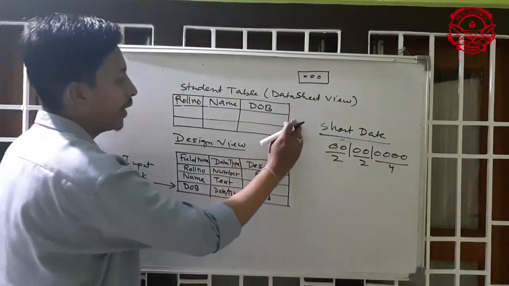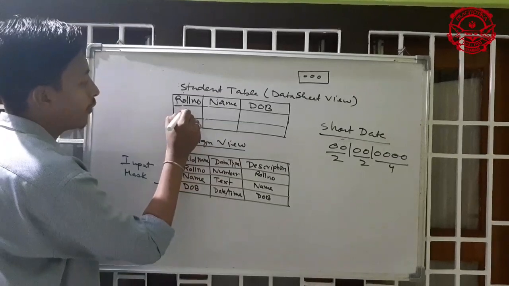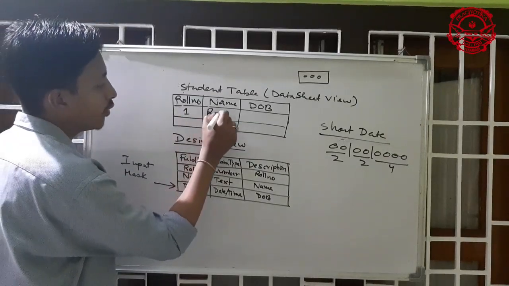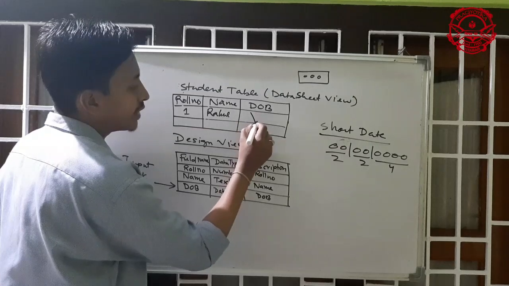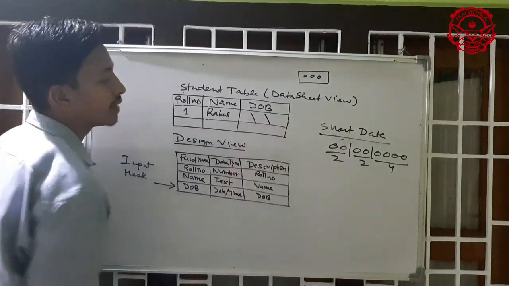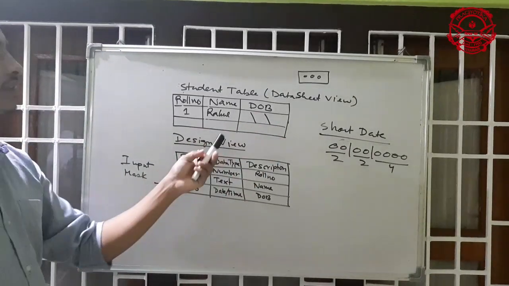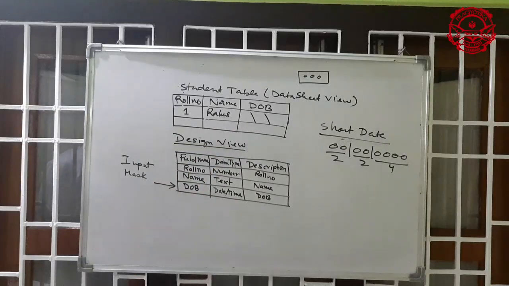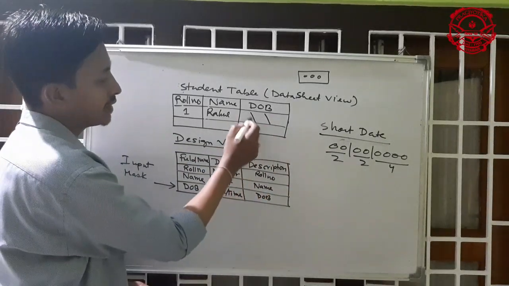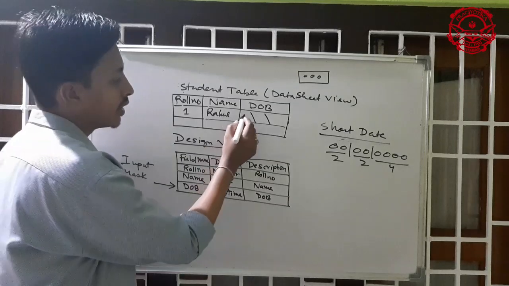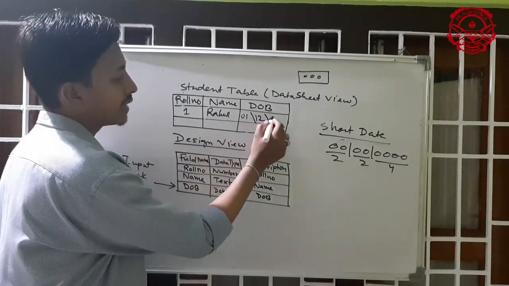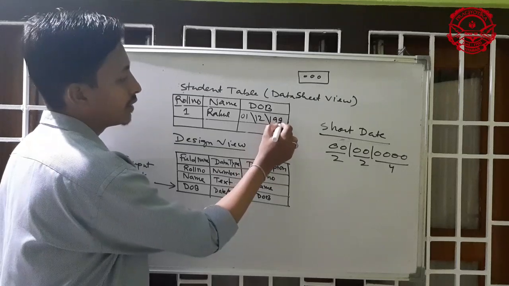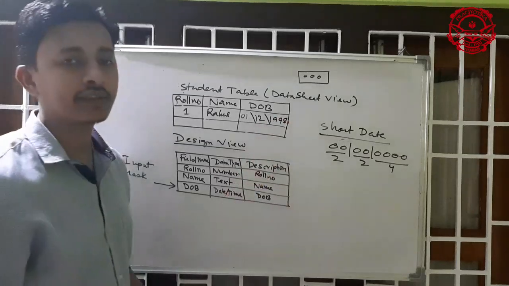When you enter, say, roll number 1, name Rahul, after that it comes automatically in this way: the hyphen, the slash. Now you can see this symbol is coming automatically. You give first the month, after that the date, and after that the year, say 1998.